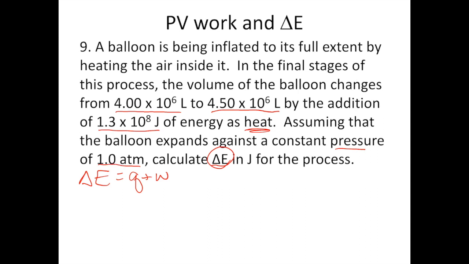So now we have Q, and it says we're adding heat. I need to calculate W because I'm given a volume change and a pressure. My volume change is going to be 0.5, because we get 4.5 times 10 to the 6th minus 4 times 10 to the 6th. So we're going to take minus 1 atmosphere times that.